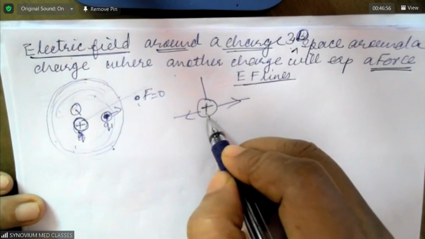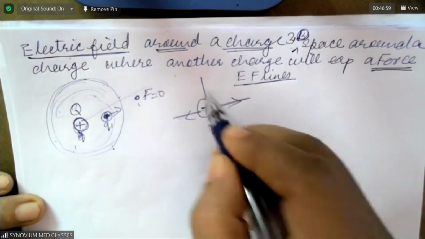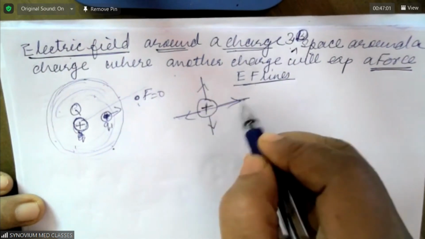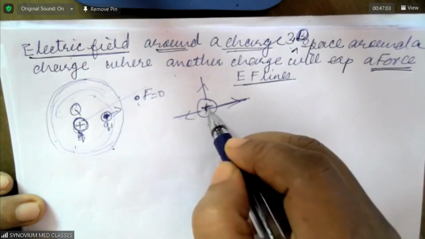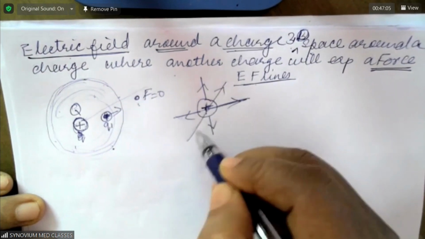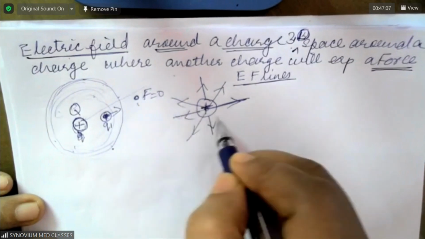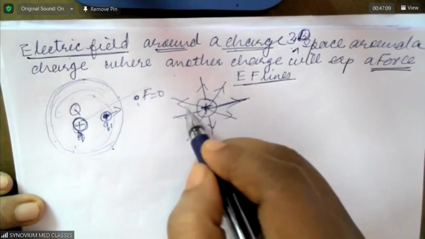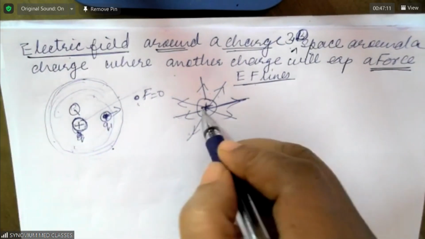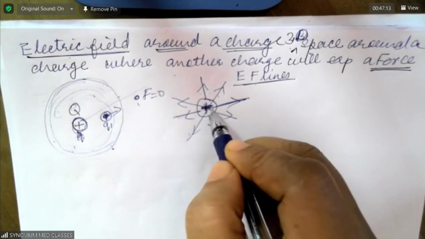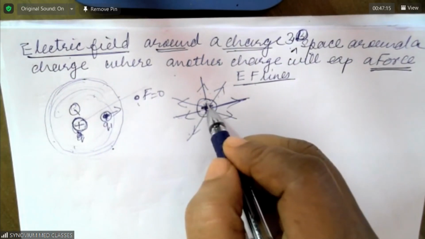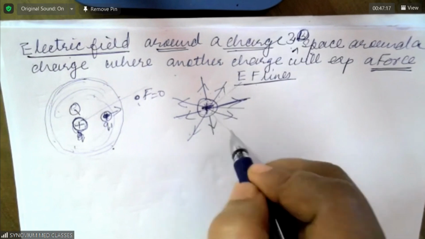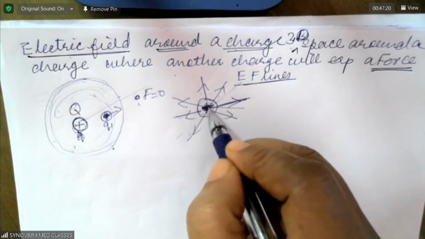For a positive charge, it is radially outwards, meaning from here outward. So it may be like this, like this. The number of lines will depend on how strong this is. If this is very strong, then you will have more number of lines, but all lines start from the center.